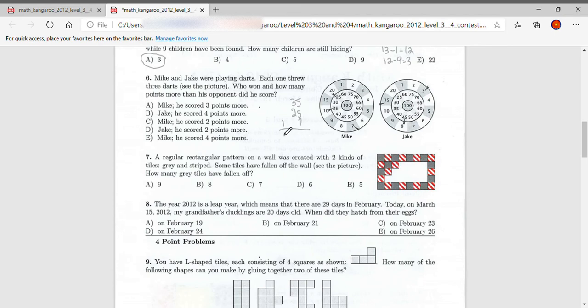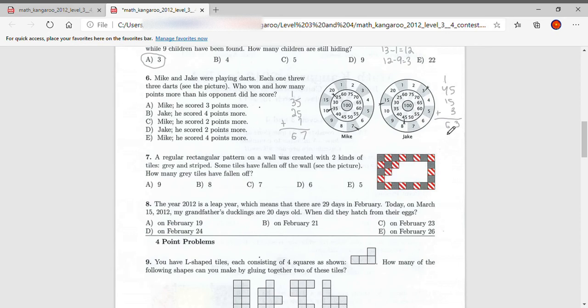Okay, so 5 plus 5 is 10, plus 7 is 17. 3 plus 2 is 5, plus 1 is 6. So Mike scored 67. Now for Jake, he scored 45, 15, and 3. So 5 plus 5 is 10, plus 3 is 13. 4 plus 1 is 5, plus 1 is 6.